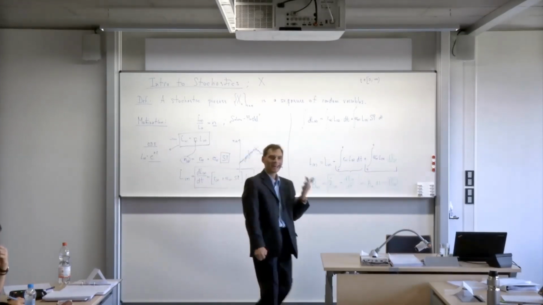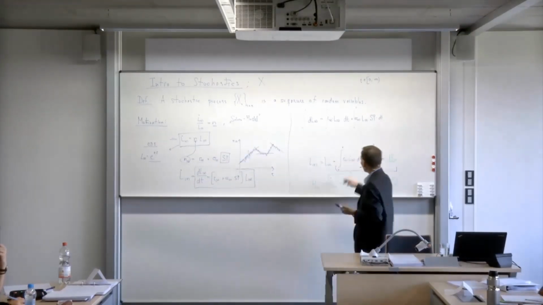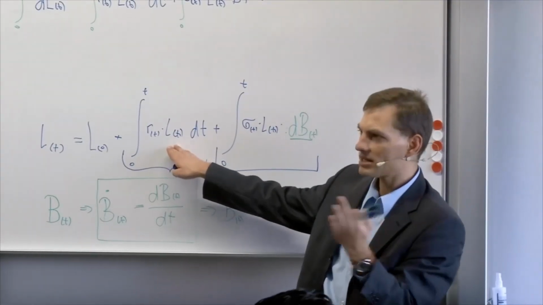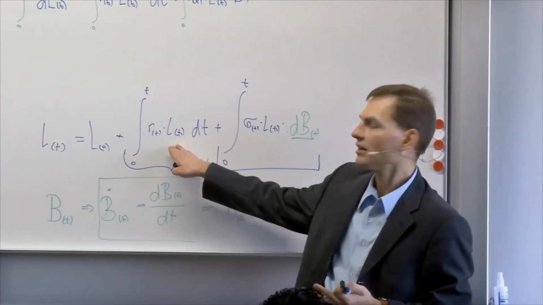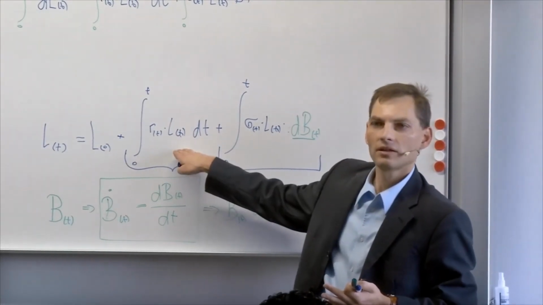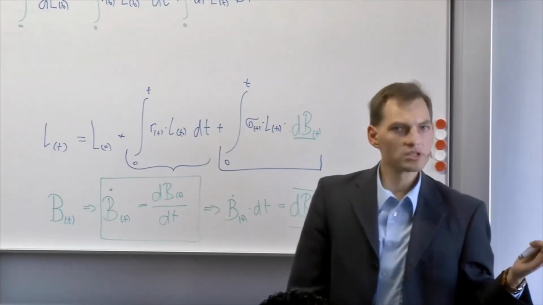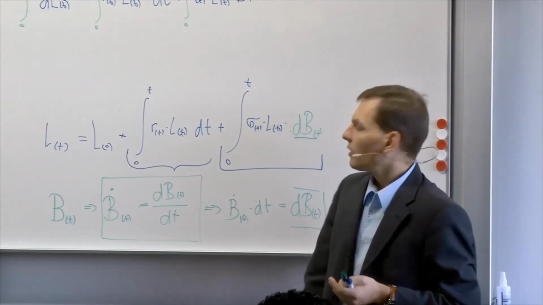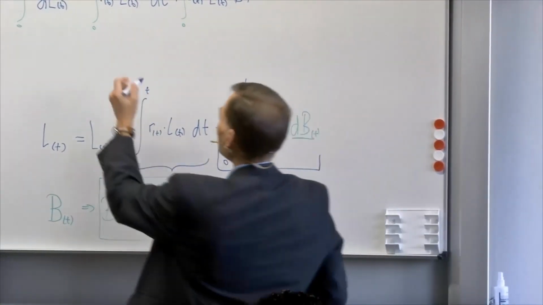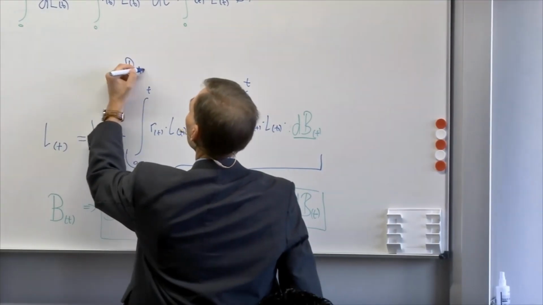So time is a deterministic variable. And therefore this integral is what you can do already with high school mathematics or business mathematics you have learned. This is a simple integral that follows the same rules you have already learned. We call this in mathematics a Riemann integral. So the Riemann integral is the integral you know.